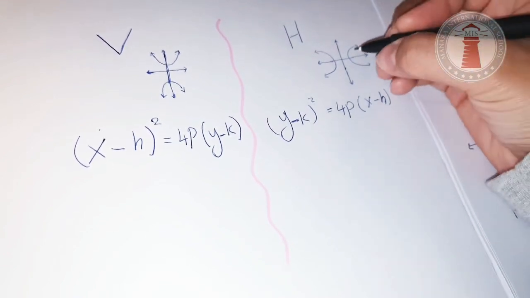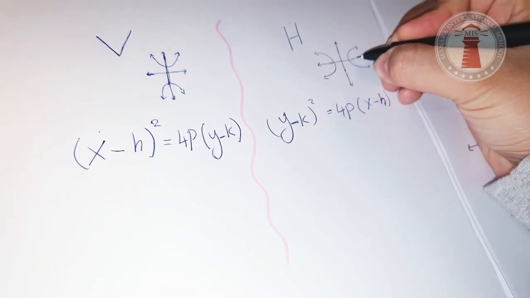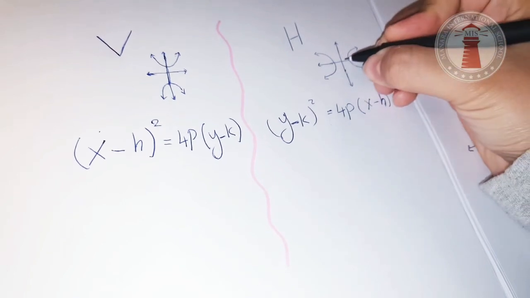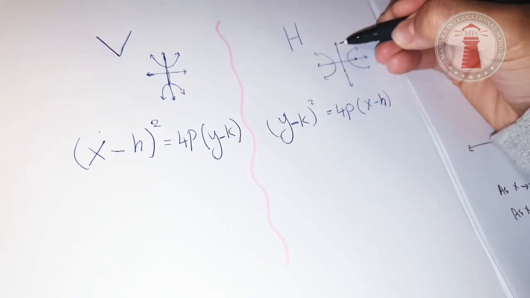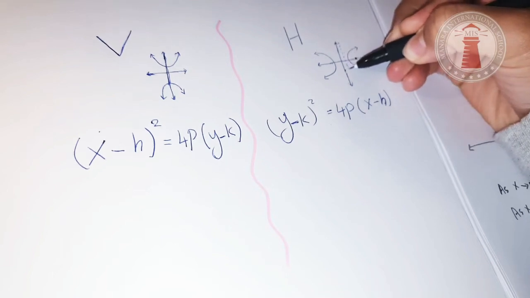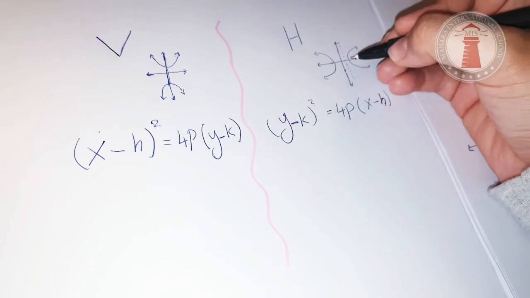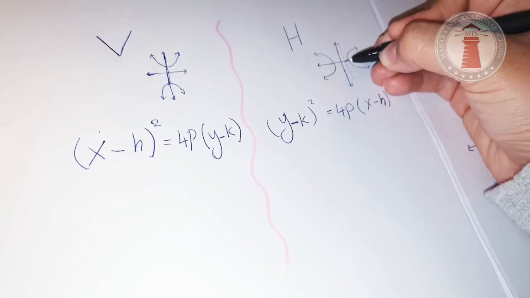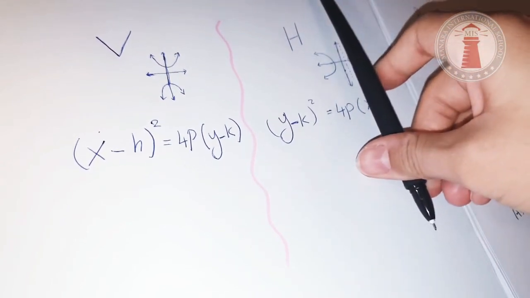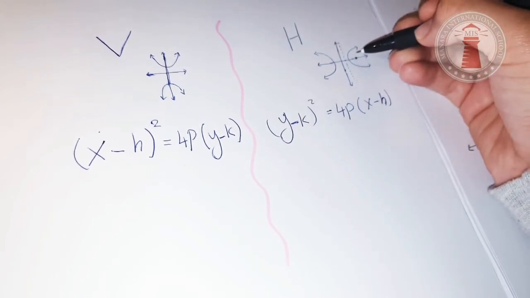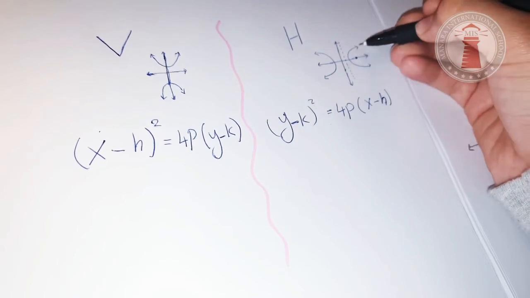Now, in any parabola, there is something called a focus point and a directrix. To call this graph a parabola, the directrix is the line that is opposite to the parabola itself, to the curve.